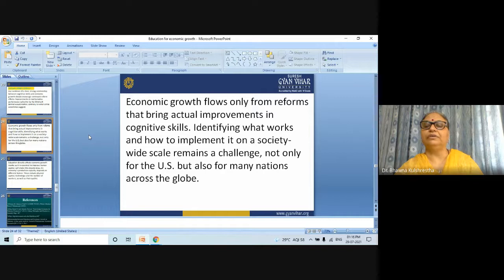Identifying what works and how to implement it on a society-wide scale remains a challenge, not only for the US, but also for many nations across the globe.